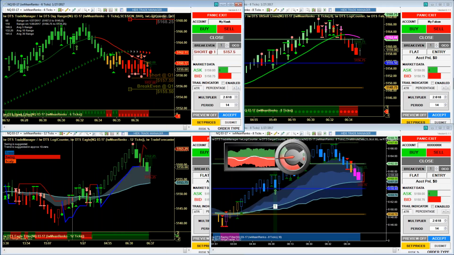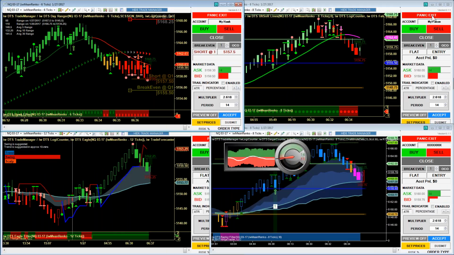The Raptor, of course, much more tweakable than the other trading tools.